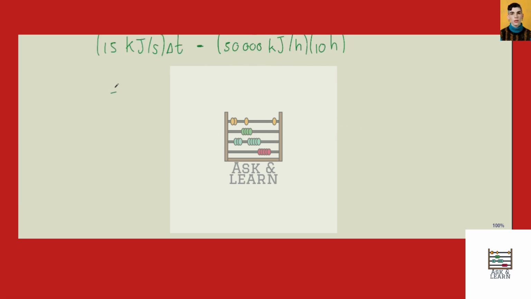And this is equal to the right-hand side of this equation. The mass of water we found to be 1000 kilograms times its specific heat of 4.18 kilojoule per kg degree Celsius, and a change in temperature of 22 minus 80 degrees Celsius for the water.